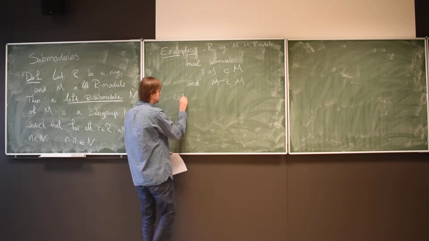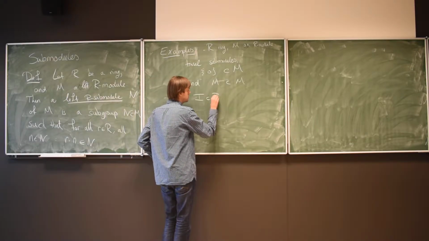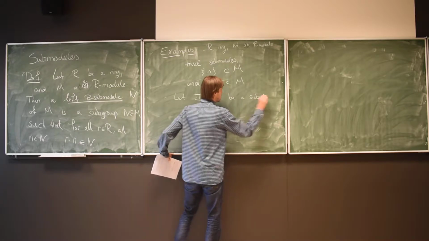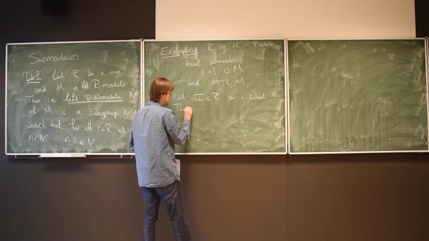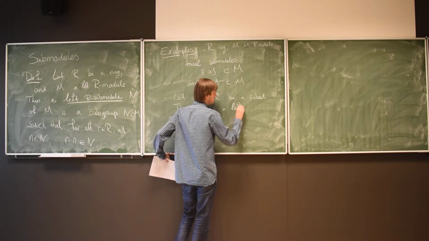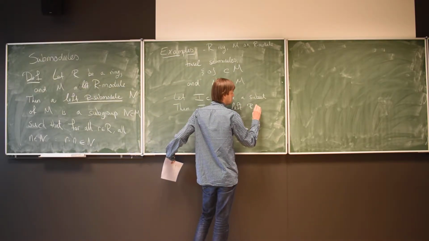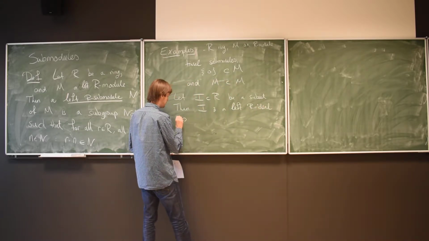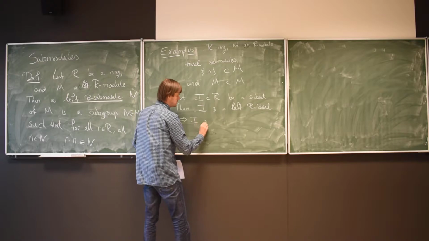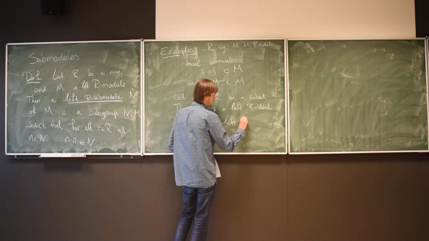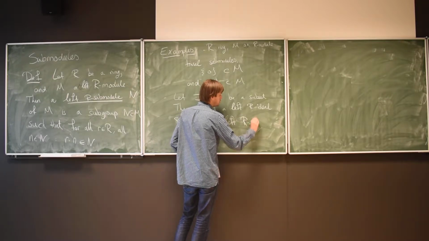So let I in R be a subset, then I is a left R ideal if and only if I is a left R submodule.